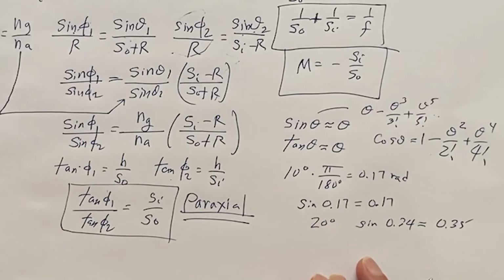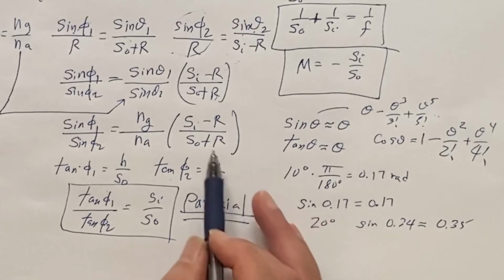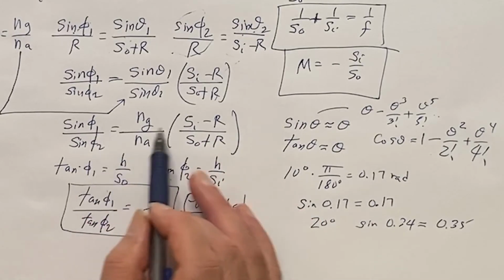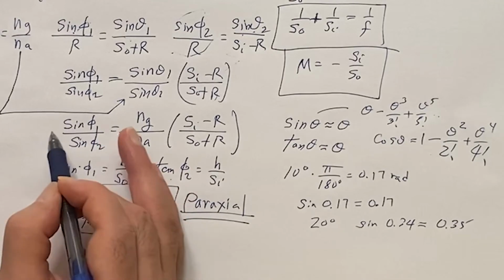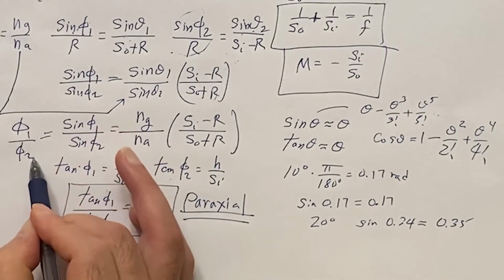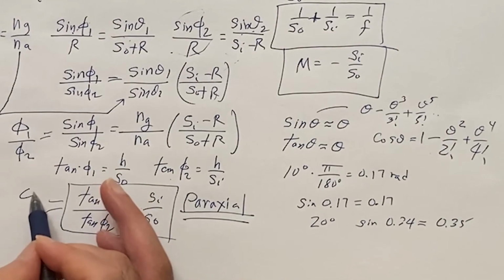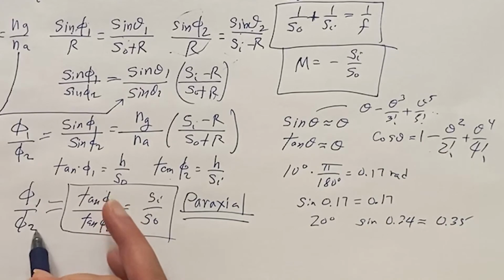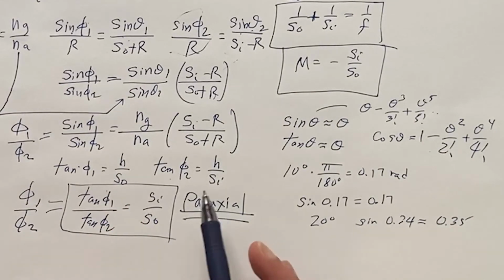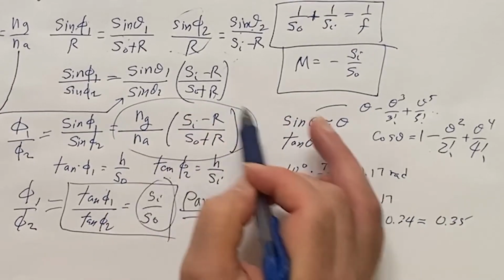So if we do that approximation, then what we find is that we can replace this equation here that has the ratio of the sines. We can replace this as phi 1 over phi 2, and then here, we can replace this as phi 1 over phi 2. That means I can set this thing equal to that.